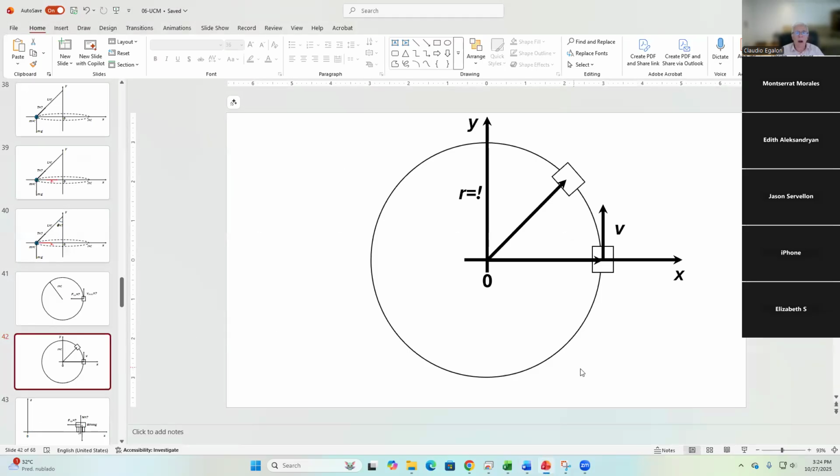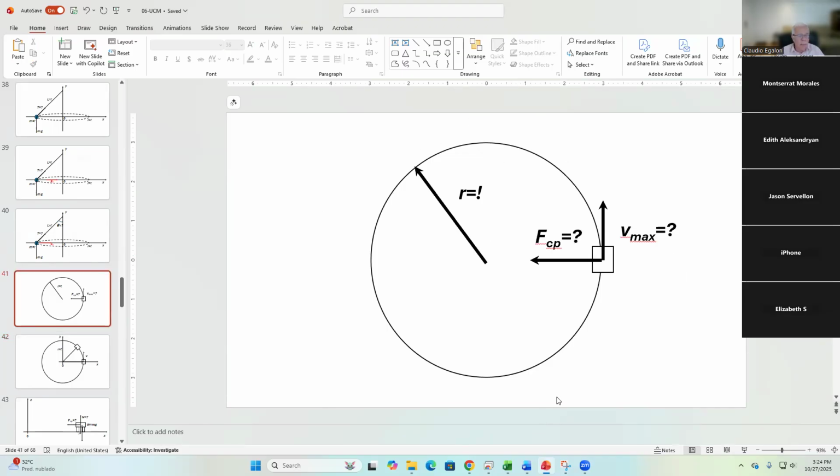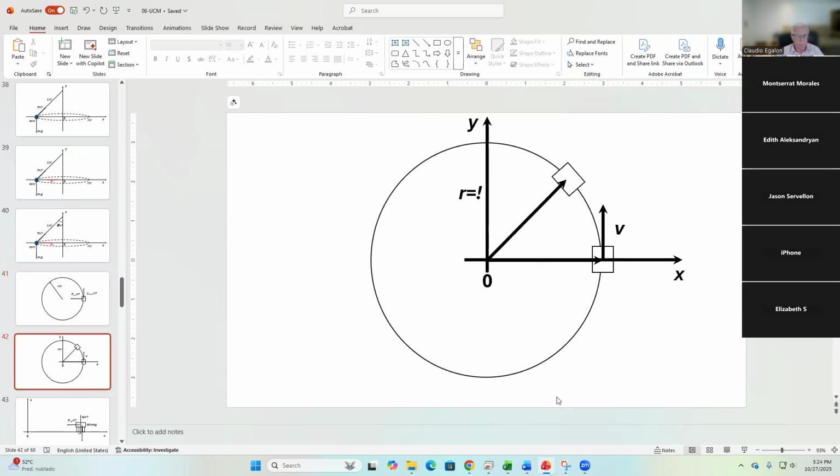Here's the car, which is supposed to undergo uniform circular motion, and you must find the maximum speed that the car can have in this curve to safely negotiate it. That's what it is.